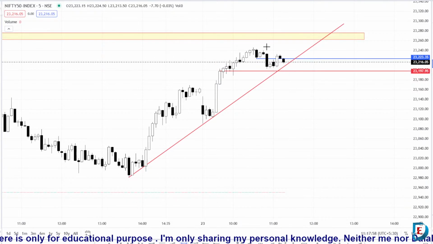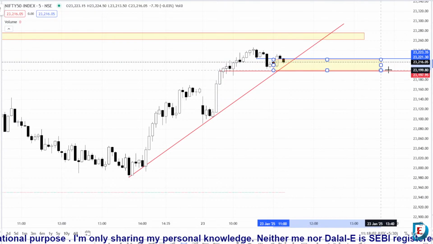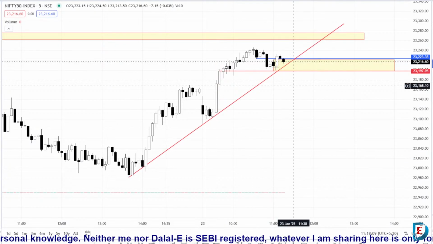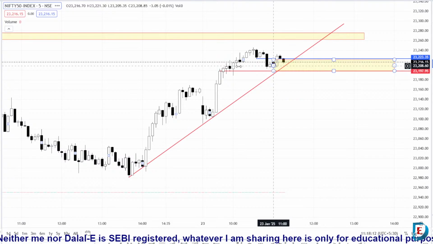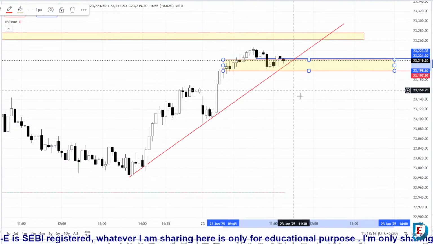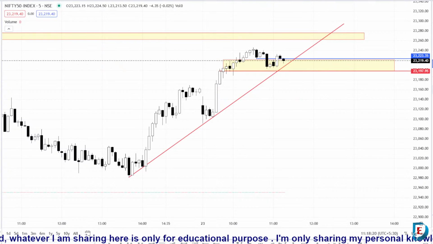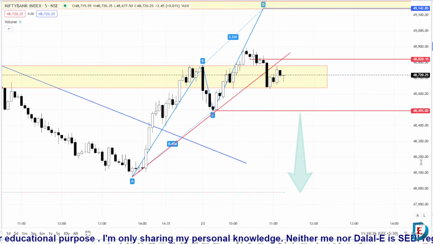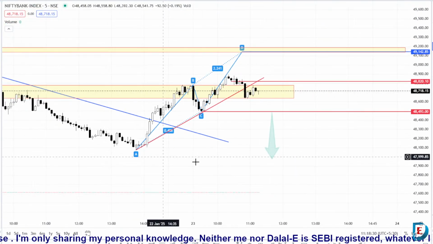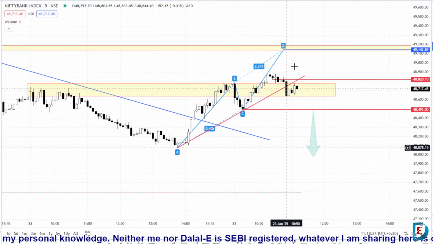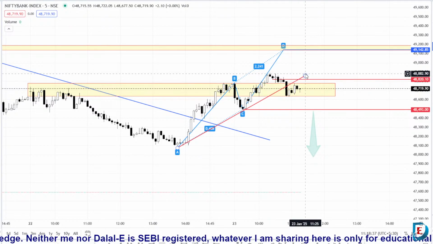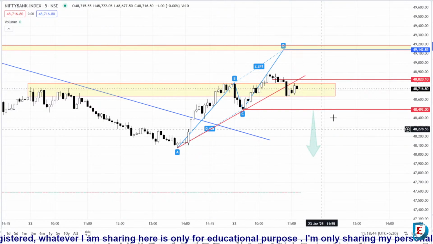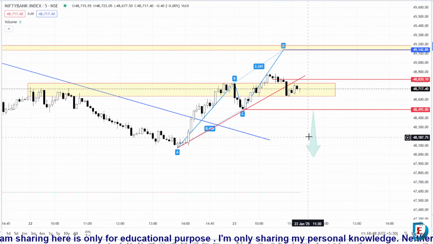So do not short while price is inside this zone. If price breaks this level, then you may consider going short. Otherwise, it will make a fool of you. Price broke this trend line and then it's going sideways. Actually, no trade setup here.